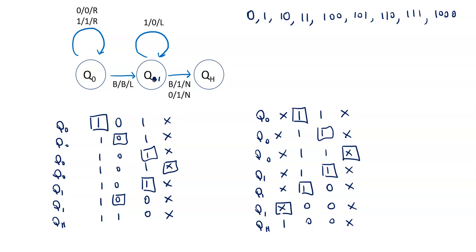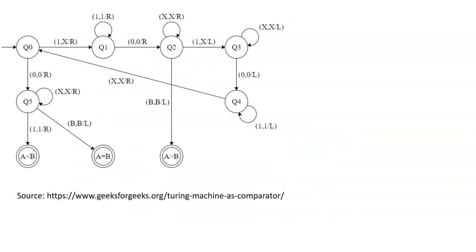And I think it's quite easy with a few examples to get a feel for the logic behind this particular Turing machine. This one is a bit more involved, and the way this works, we're going to take two numbers, A and B, and we're going to compare them. The way we're going to write our numbers, we're going to write A as 1, 1, 1, and a 0 to separate them, and then B as 1, 1.